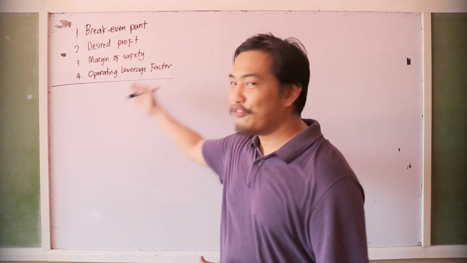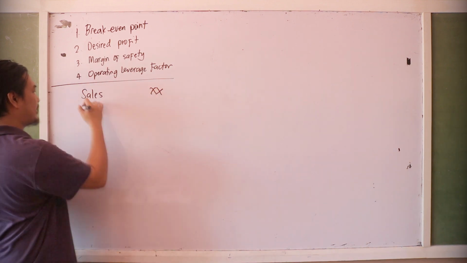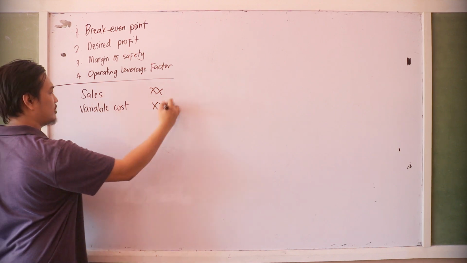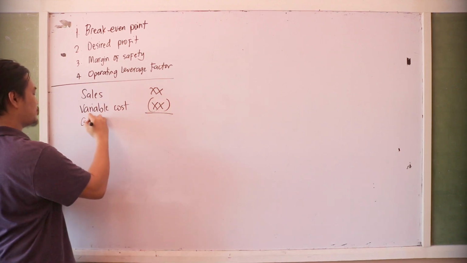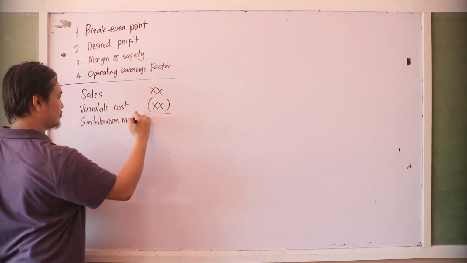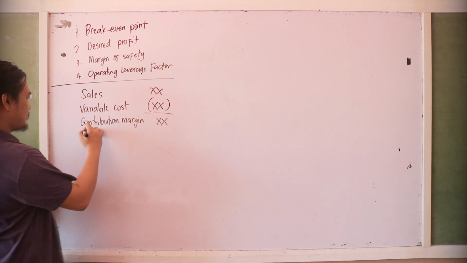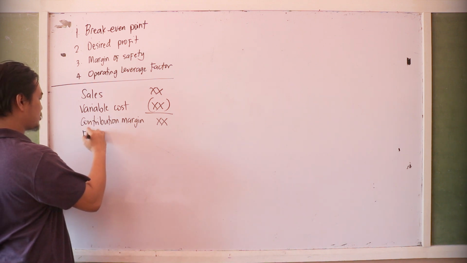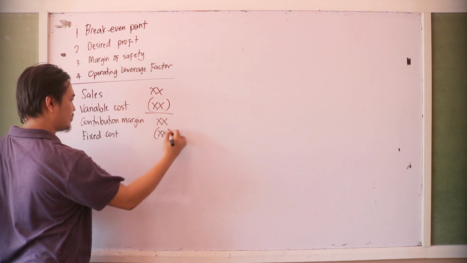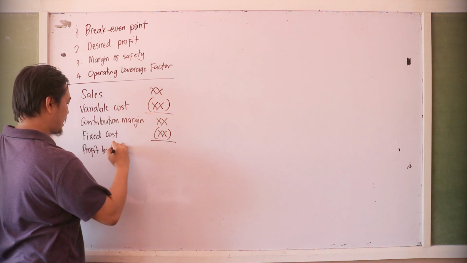Kasi yung kanyang format, which is sales minus variable cost is equal to contribution margin, and then less your fixed cost. Ito yung ating profit before tax.